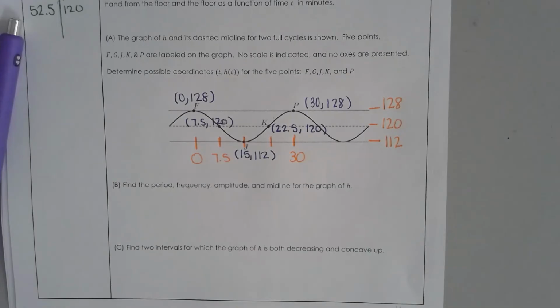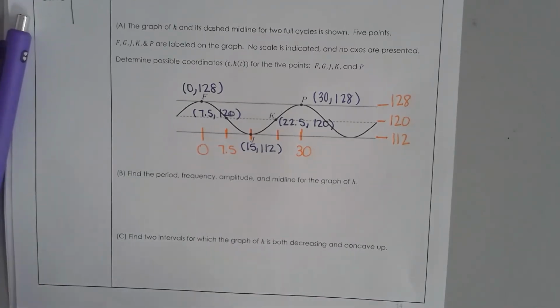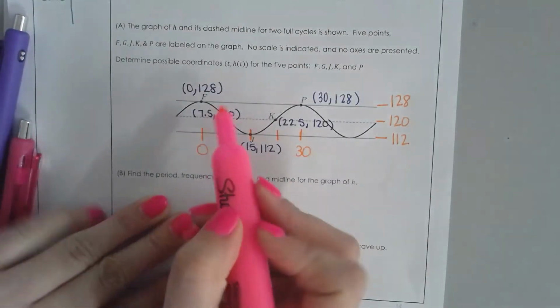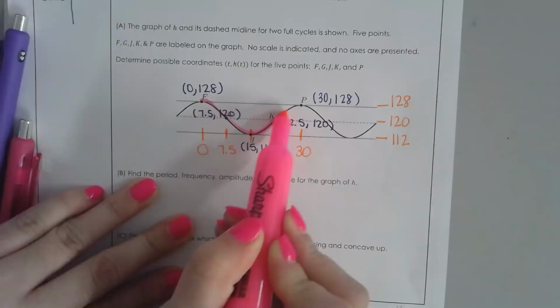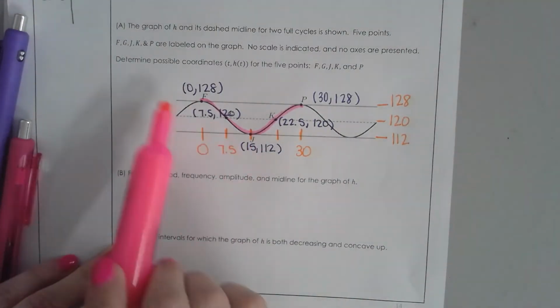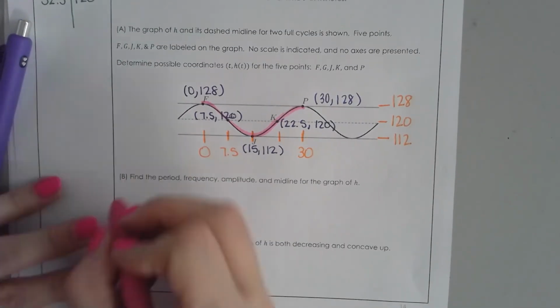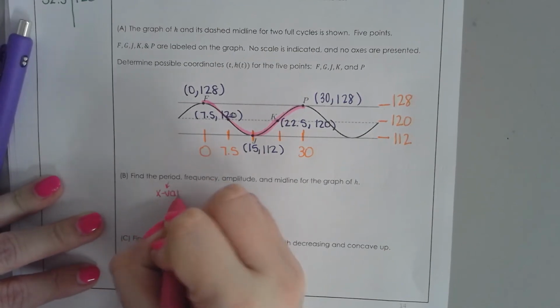All right, so we're going to find the period, the frequency, the amplitude, and the midline. All right, so period, you can start counting. I think it makes sense to start counting at the F and trace until I'm back at the hilltop, which would be up until P. So from 0, so your period, you are looking at your X's. So period, look at the X values basically.